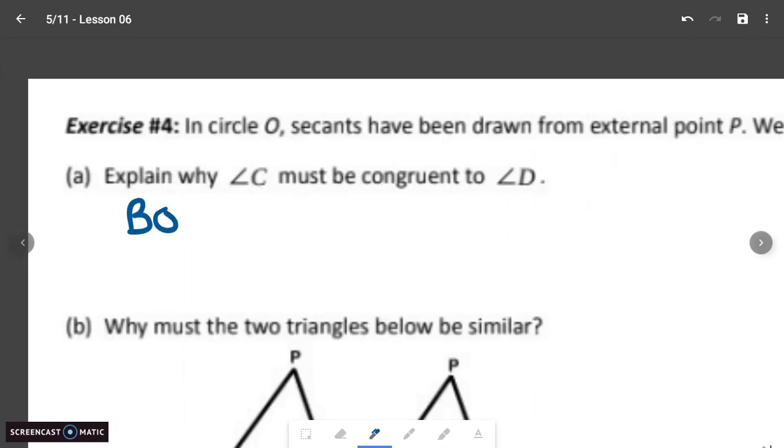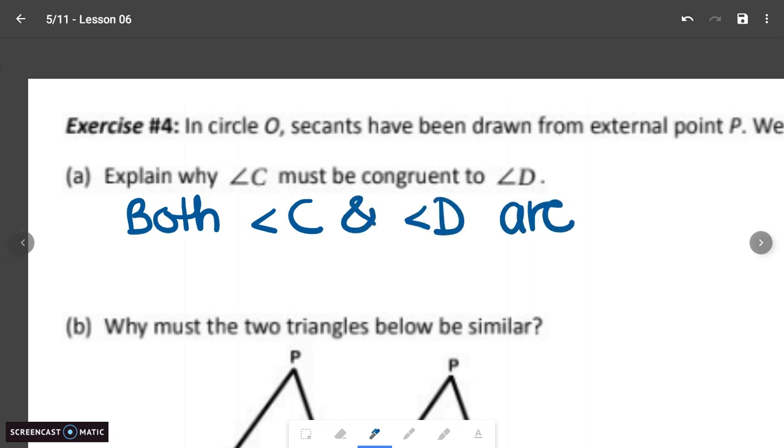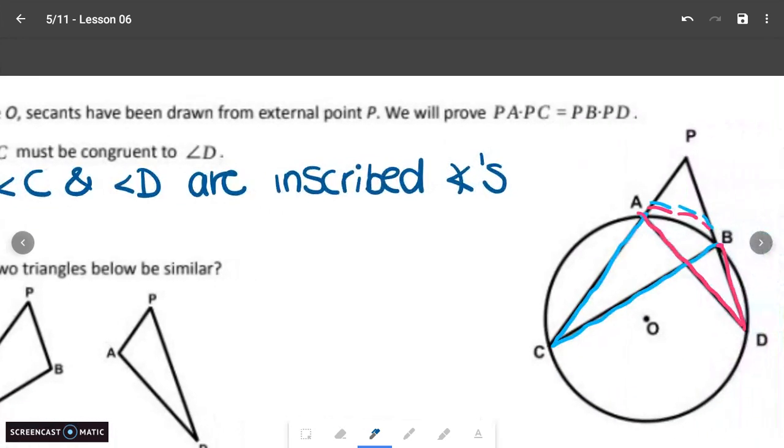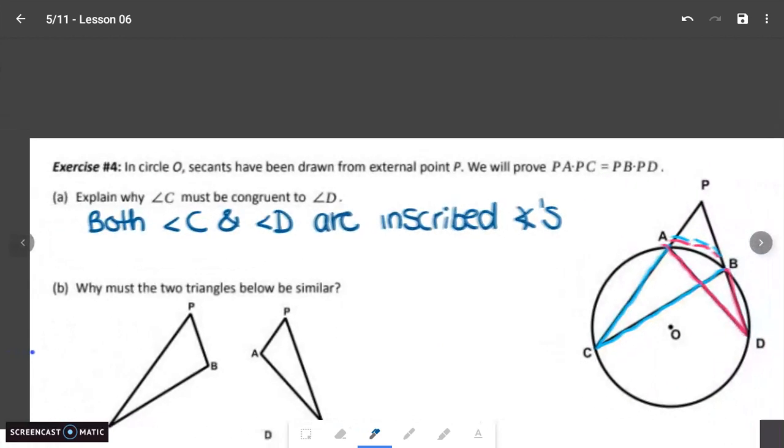So that's the first thing we have to mention. Both angle C and angle D are inscribed angles. And look carefully, they have the same intersected arcs.